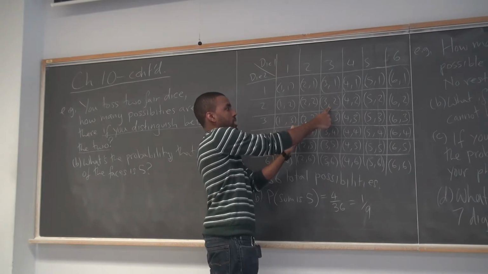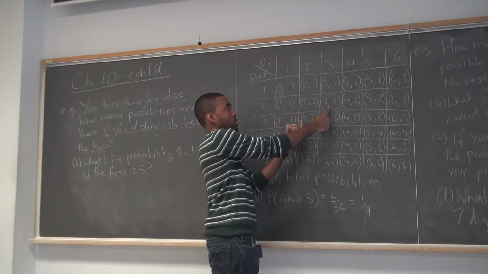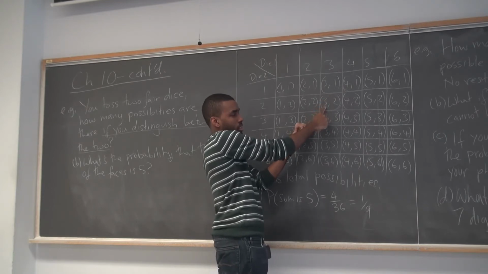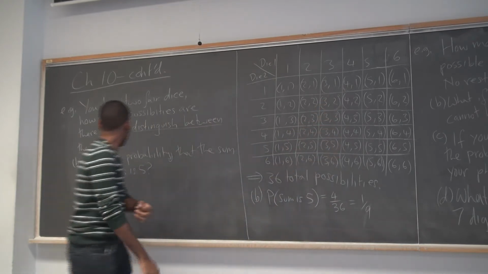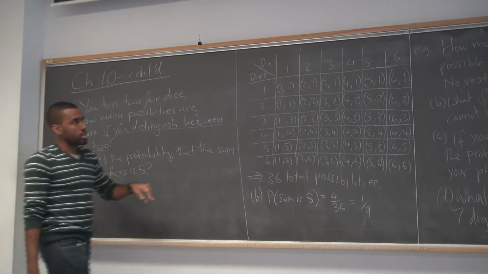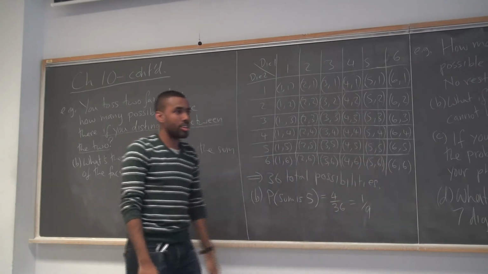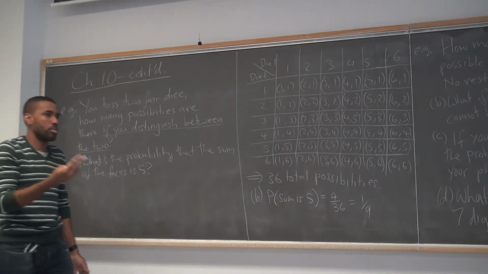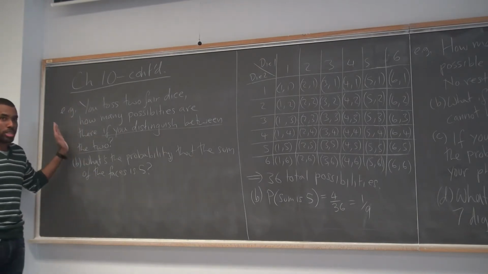So we're distinguishing the situation where the first die gives a 2 and the second gives a 3. We think of it as different from the first one giving a 3 and the second giving a 2. If you said that we're not distinguishing between the dice, then half of this table would be gone, right? Because every time you switch the two numbers, we're recognizing that as the same thing. So things like that you also need to be aware of, right?